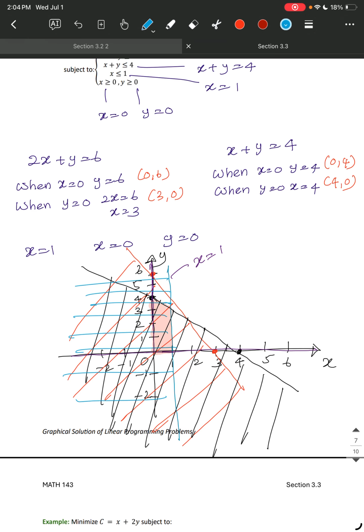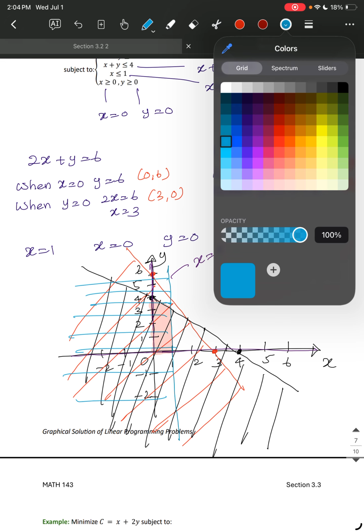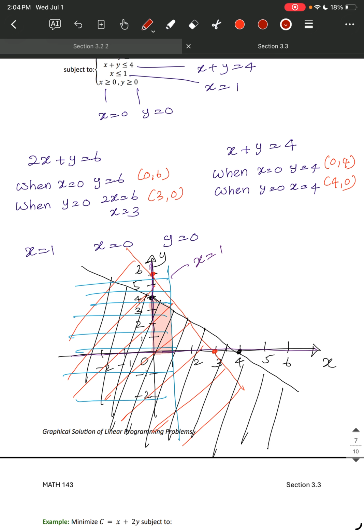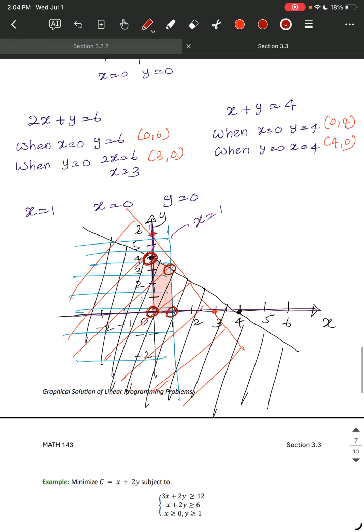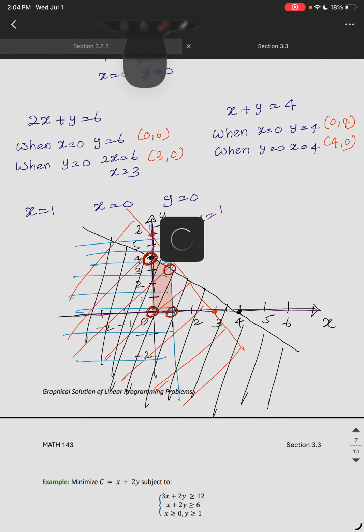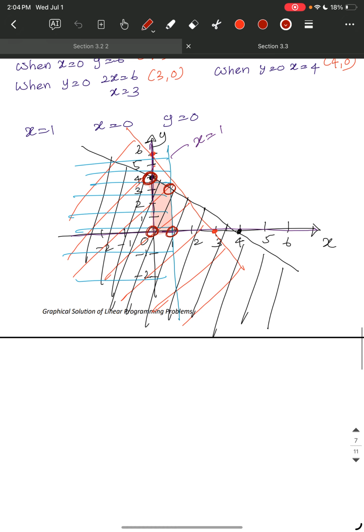So what about the corner points? The corner points should be this, this, this, and this. So this is (0, 4). This is (0, 0).